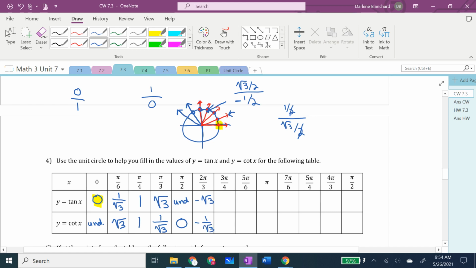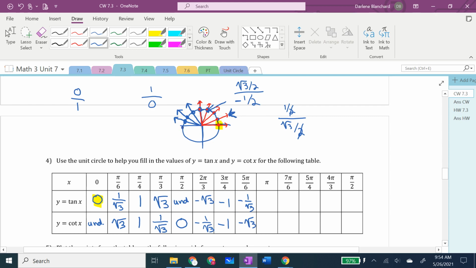When I go to 3 pi over 4, halfway through my next quadrant, my slope is negative 1, and the reciprocal of negative 1 is negative 1. And then when I hit 5 pi over 6, that's when the slope is the same as it was here, but negative instead of positive. I'm getting negative 1 over √3 for the tangent. The cotangent is the reciprocal of that.